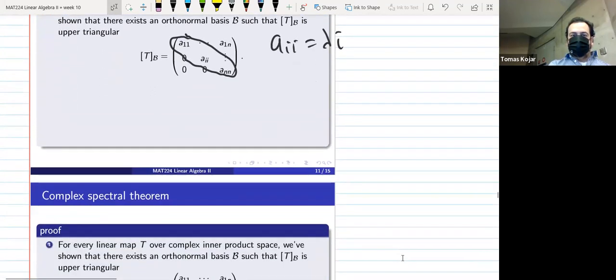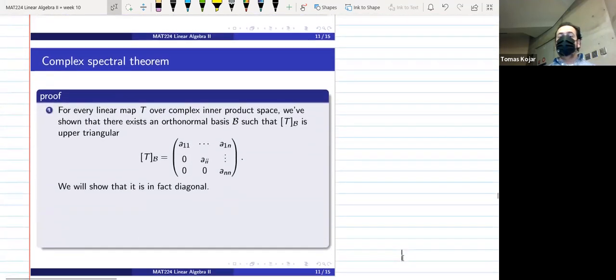So we will show that this matrix is in fact diagonal, because if your diagonals are the eigenvalues, then you have to be diagonal. If I give you a matrix representation of a diagonalizable map and the diagonal entries are eigenvalues, then the off-diagonal entries have to be zero. That's what we're going to prove next.